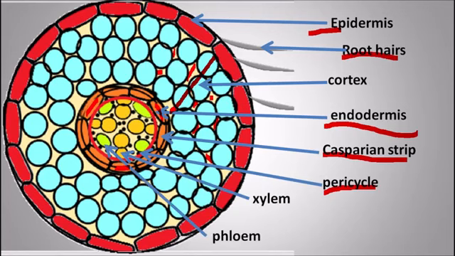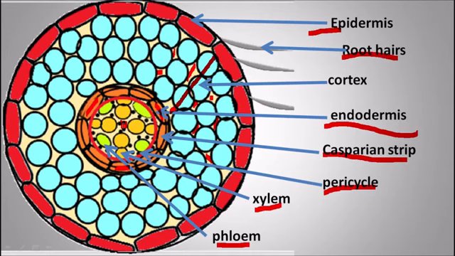After that comes the vascular bundle, which consists of xylem and phloem, and in the middle of the root there is a pith. These terms are important to understand the symplast and apoplast pathway. There is a lot more in the cross section of dicot and monocot roots, but for now this much is sufficient.